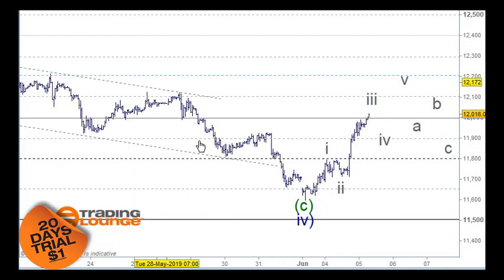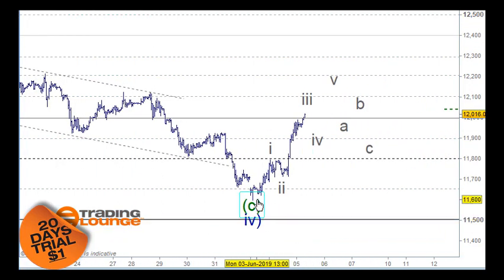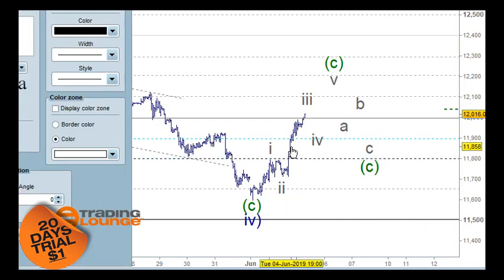It's all pretty simple really. And then this here can copy this here, that'll make wave 1 and wave 2 here.